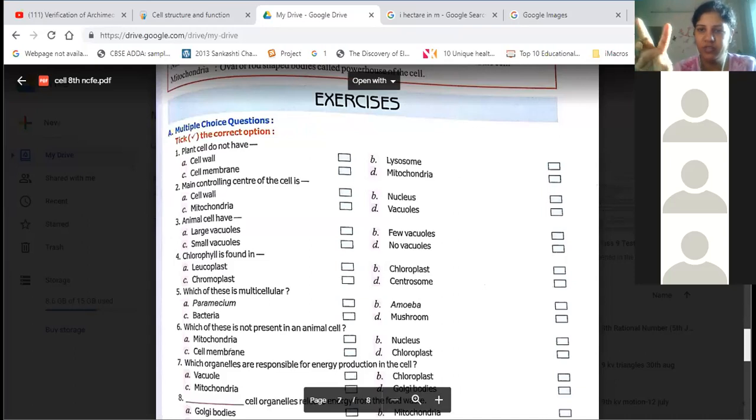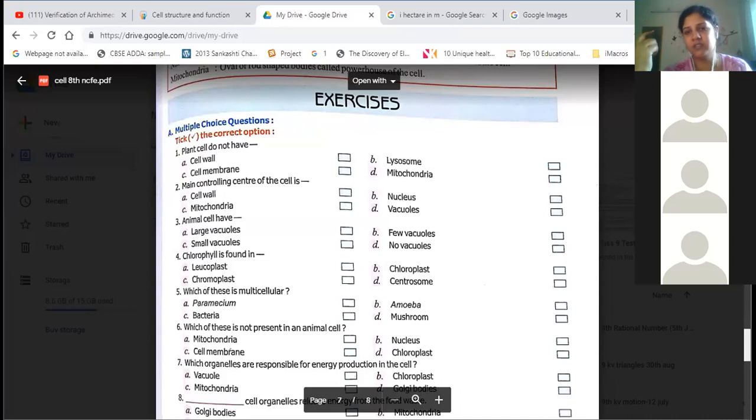Plastids are of two types. One is chromoplast and the second is leucoplast. Inside chromoplast, one of the types of plastids is chloroplast, and chloroplasts are green in color. There are many different colors. The red color of the tomatoes, you have seen that; last class I explained and showed you.